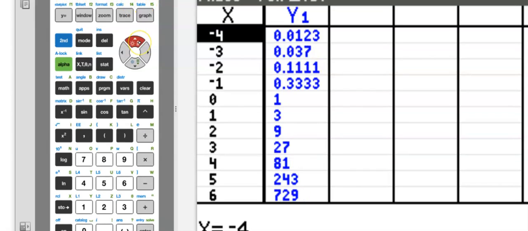I'm going to start at a -4. So we're going to enter these values into our table.